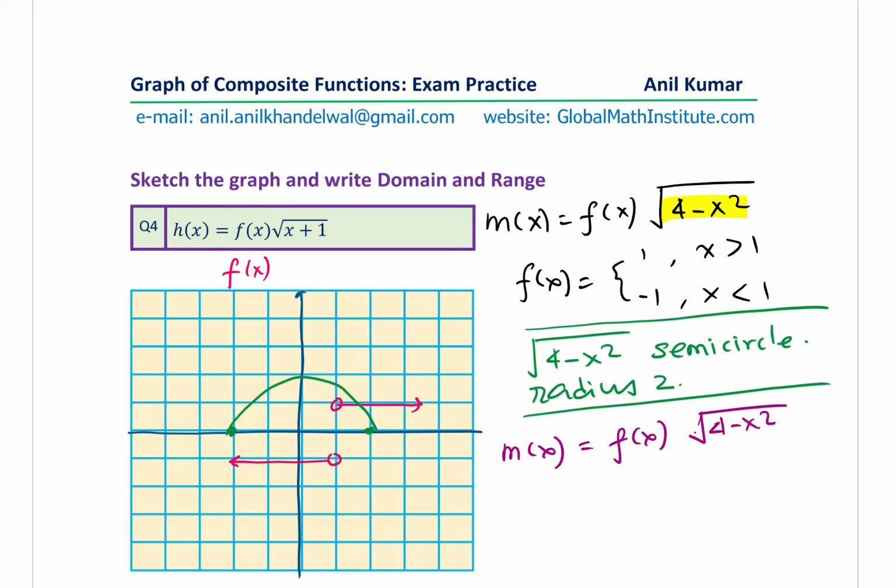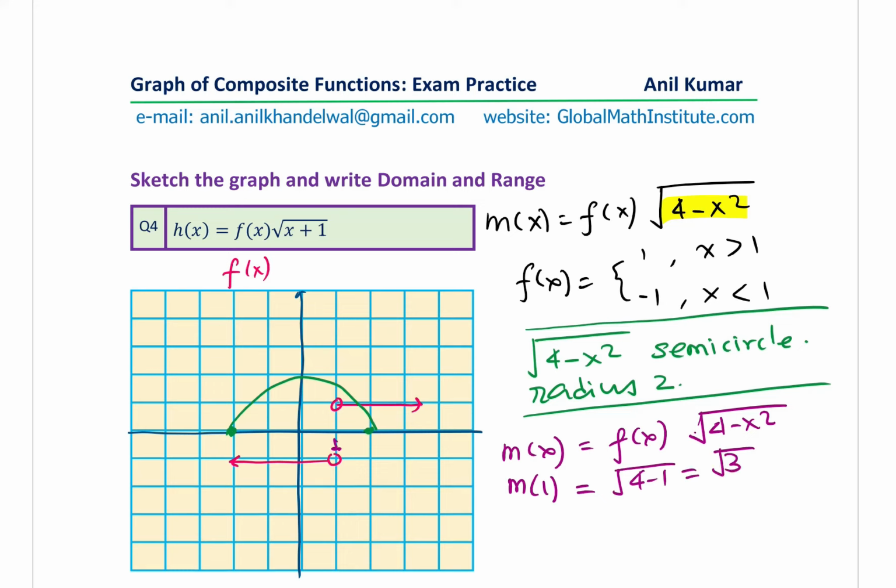So we need to find the value at 1. That will be positive on one side and negative on the other side. So if I write 1 for x, then what is m of 1? m of 1 will be square root of 4 minus 1, which is square root of 3.